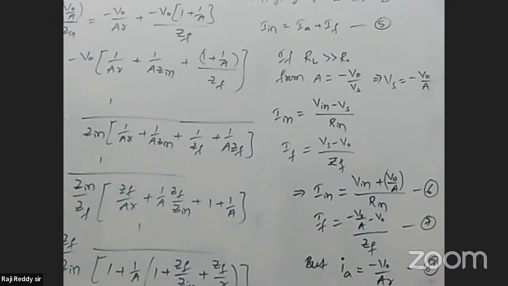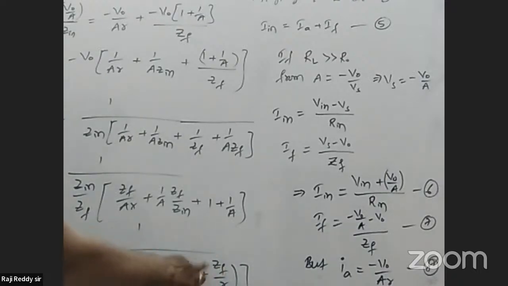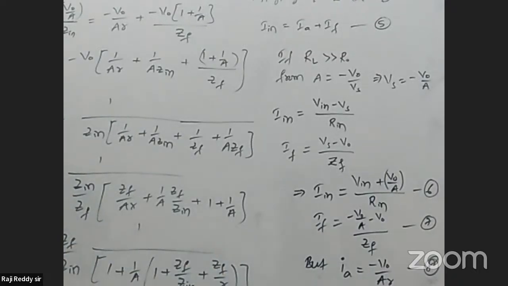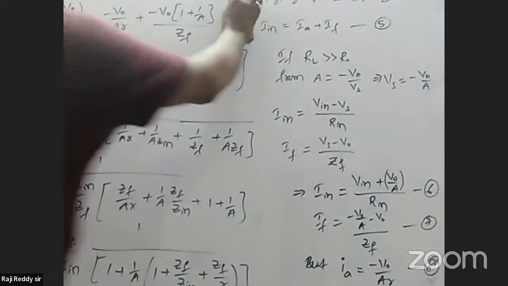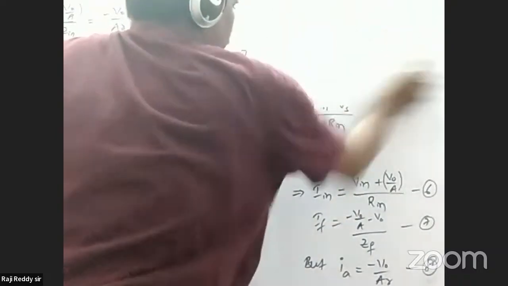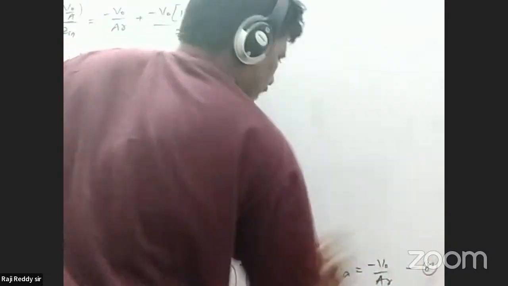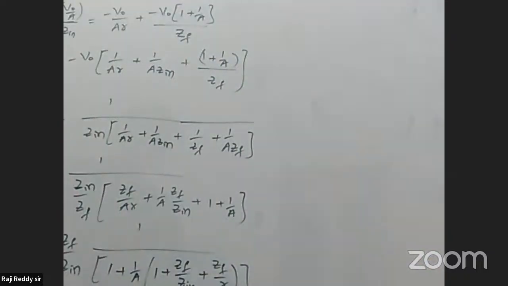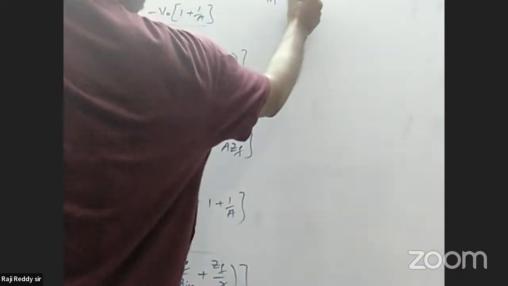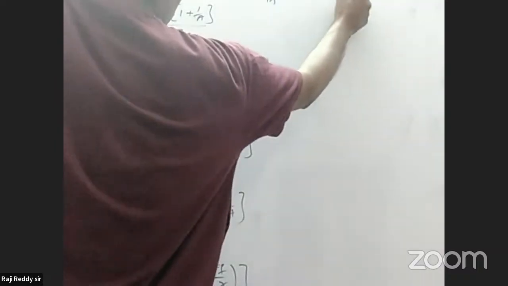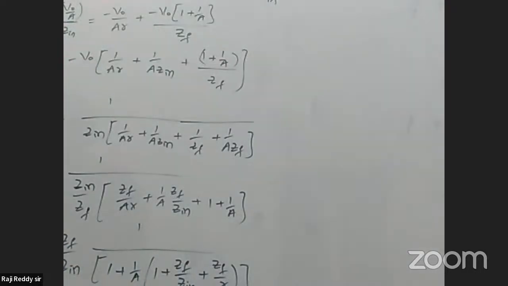Is it okay or not? If this input resistance R is very large, this term becomes zero. Look at it properly here: if R is very large, then we get some value here.